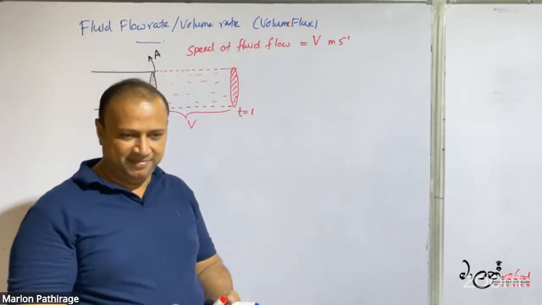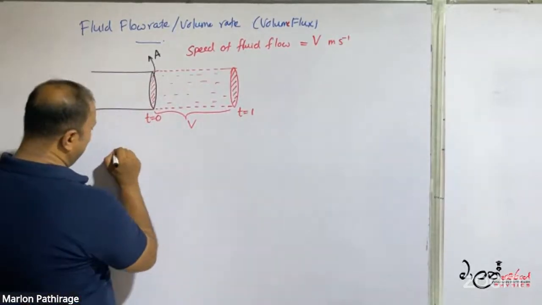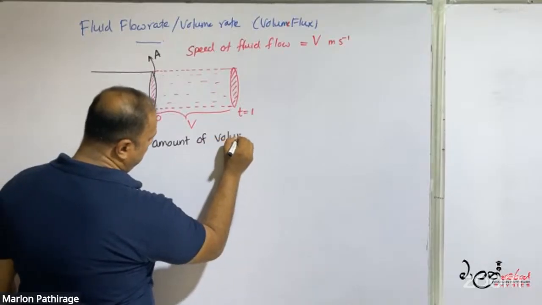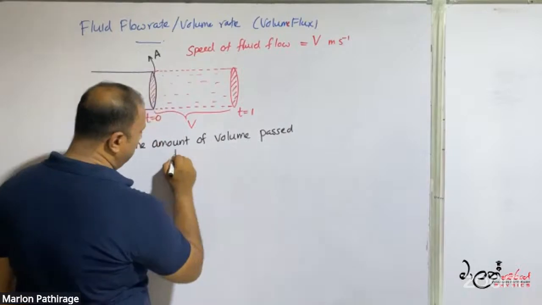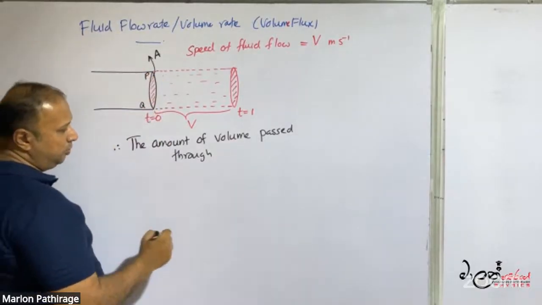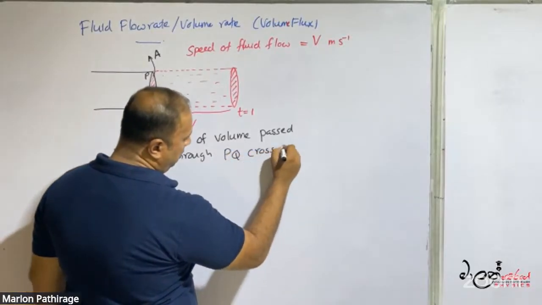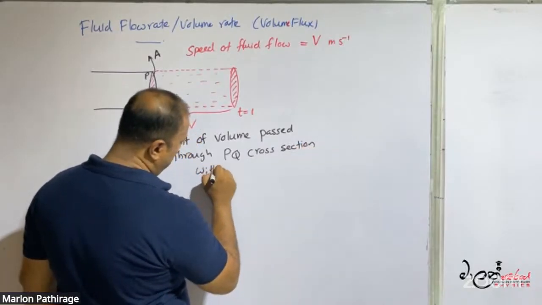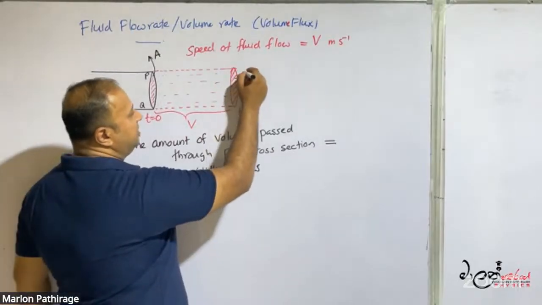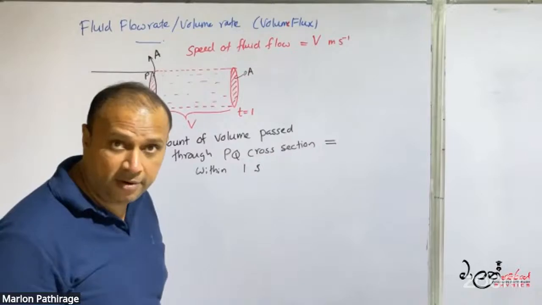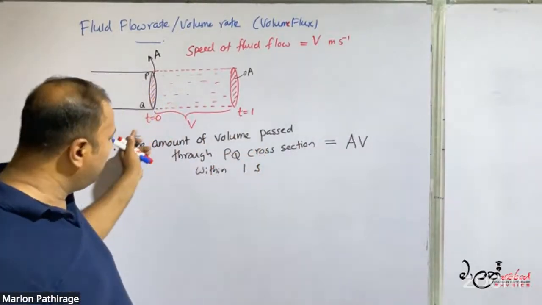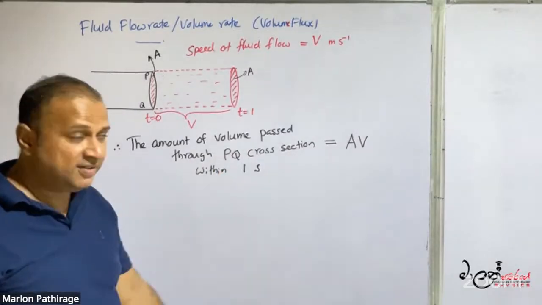The volume passed through the PQ cross-section within 1 second is A times V: the cross-section area is A, the height is V, so the volume is AV.